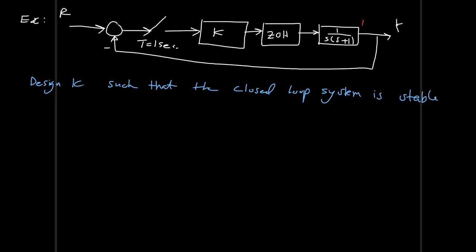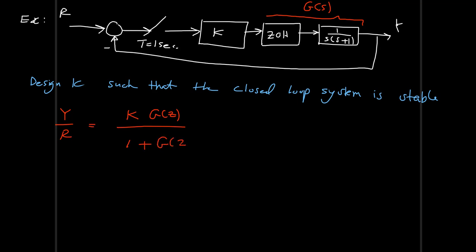So we need to find the closed loop transfer function. So Y over R will equal K G of z over 1 plus K G of z.